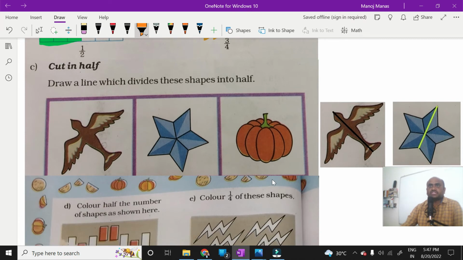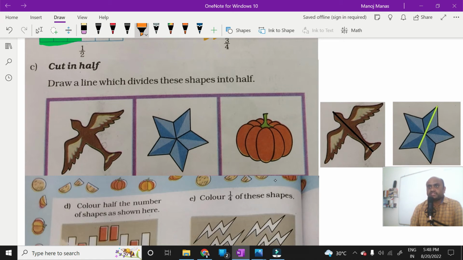So we have to draw a line in such a way that they get divided into 2 equal halves. Okay, so for a bird it is very clear, from the head up to the tail, if you draw a straight line, it will automatically divide it into 2 halves.